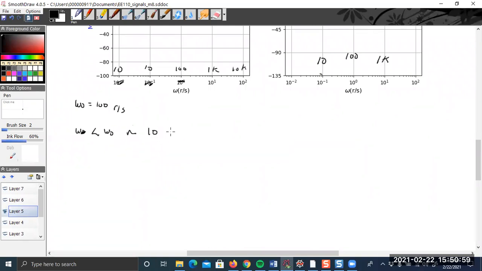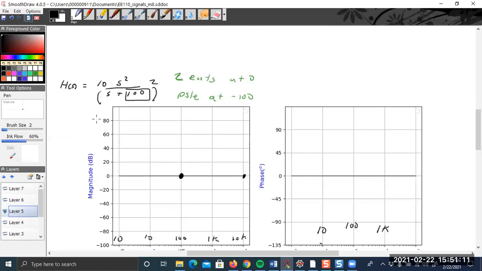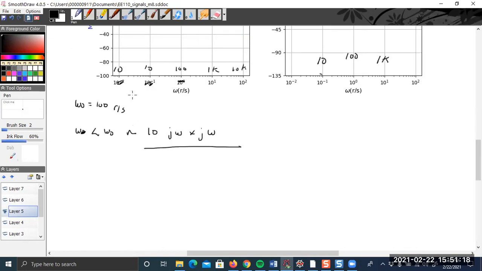We have j omega times j omega, and this would be a lot smaller than 100. So then we have 100, which becomes 10.